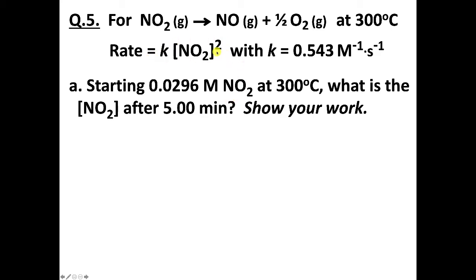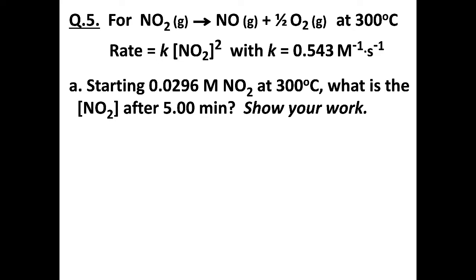If you don't remember the equation for the relationship between concentration and time for second order, look back in your notes from either previous class or the screencasts, and you should be able to find the appropriate equation, and you're going to know all of the quantities needed other than the concentration at the 5-minute elapsed time. So you should be able to plug in all the values that you are given and then do the algebra to solve for it. So I'll pause here for a question, try to work the answer out, and then we'll go through the answer.